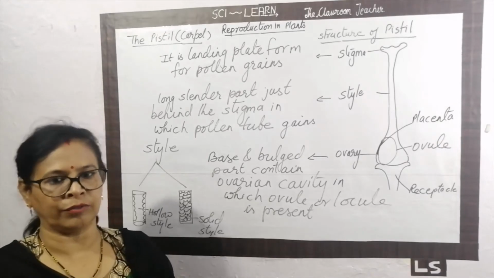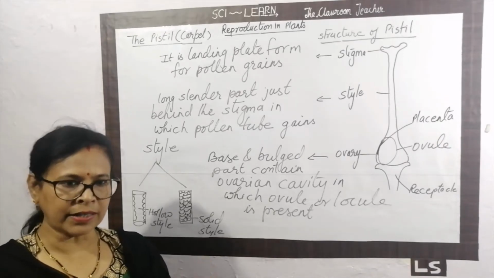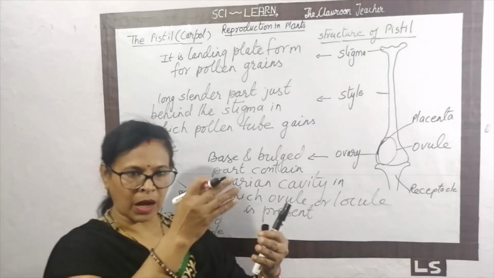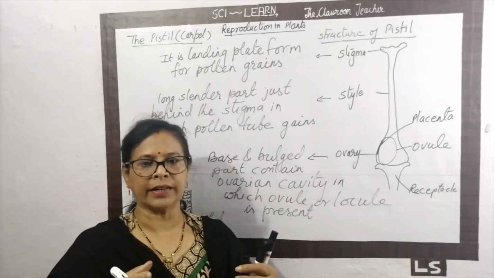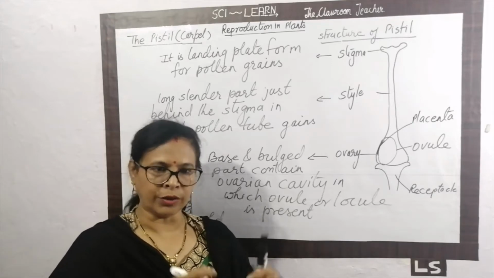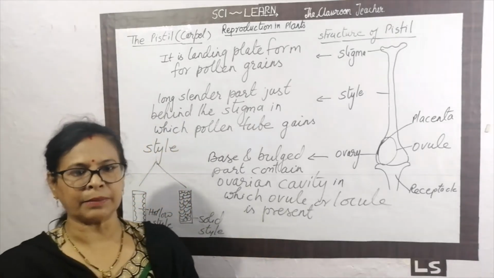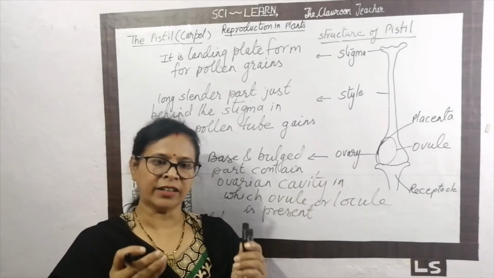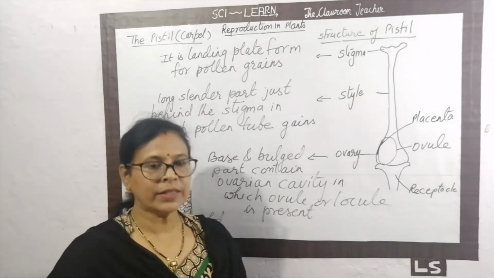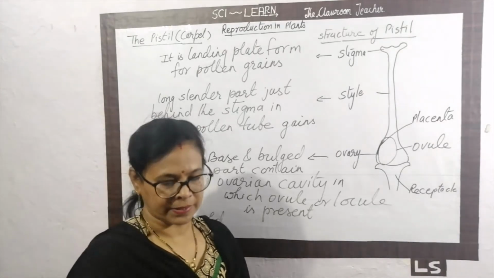And what is the role of this placenta? It arises from the outer layer, and it connects the ovule and ovary. Different types of ovule arrangement are there. It may be one or more than one, but the placenta is the part which connects the ovary and the ovule. So this is about the structure of the placenta.